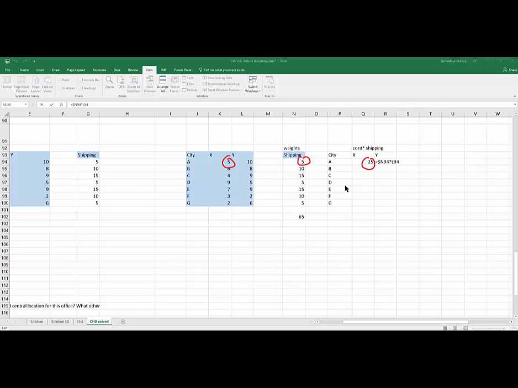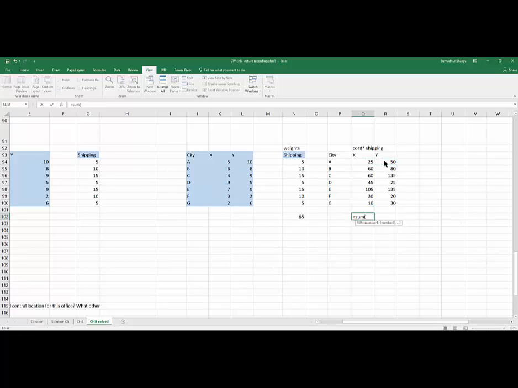Now we are going to copy all the way down. Control C and all the way down.